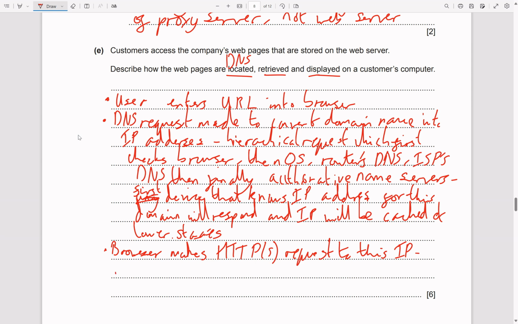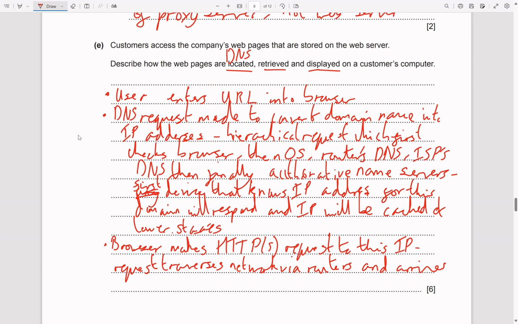And we can probably say request traverses network. Traverses just means travels across. So traverses network via routers, and arrives at web server. Well, hopefully arrives at the web server, if there are no errors.